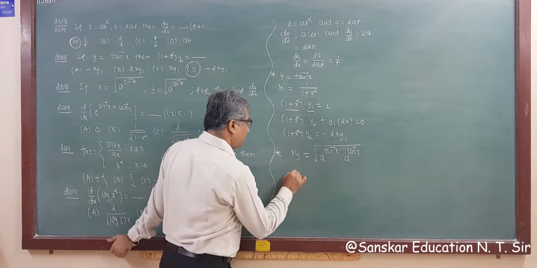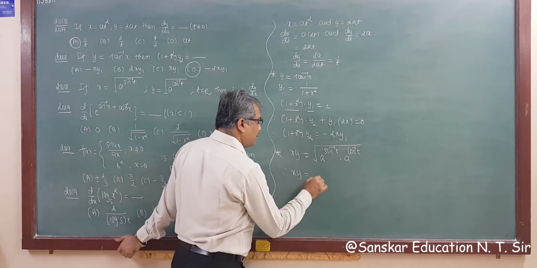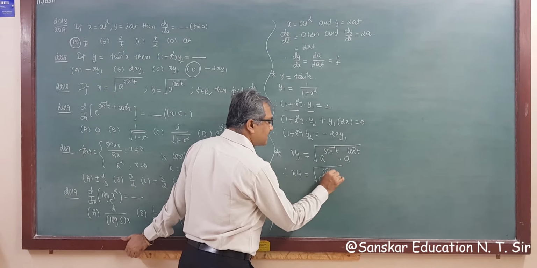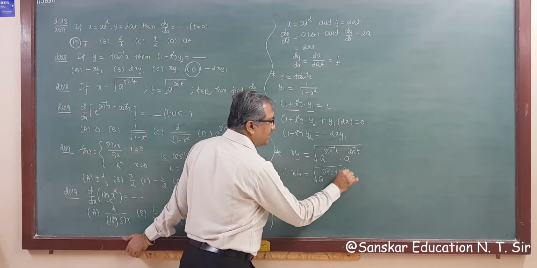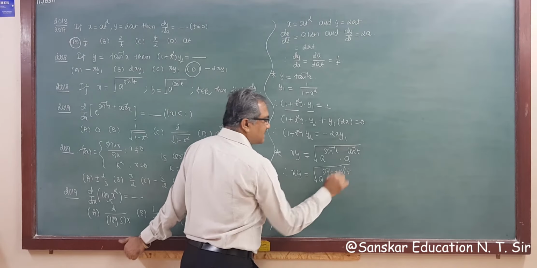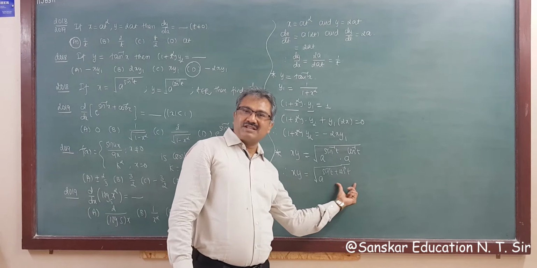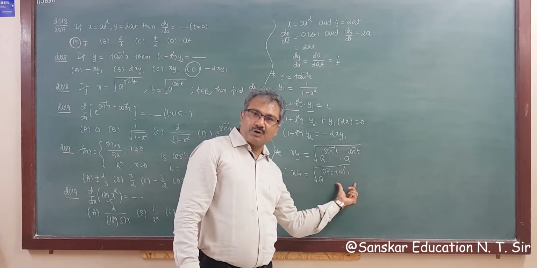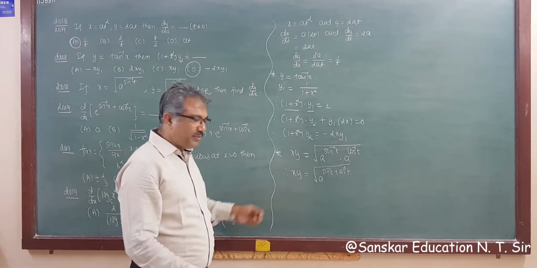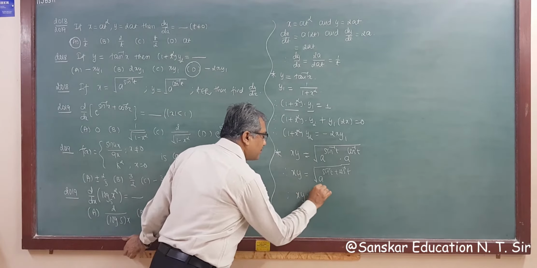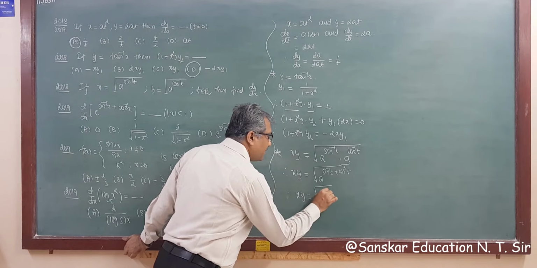So what do we get here? xy is equal to under root of a raised to sin inverse t plus cos inverse t. Now you know that for mod t less than 1, sin inverse t plus cos inverse t is pi by 2 in inverse trigonometric functions. We learn this formula. So xy is equal to the square root of a raised to pi by 2.